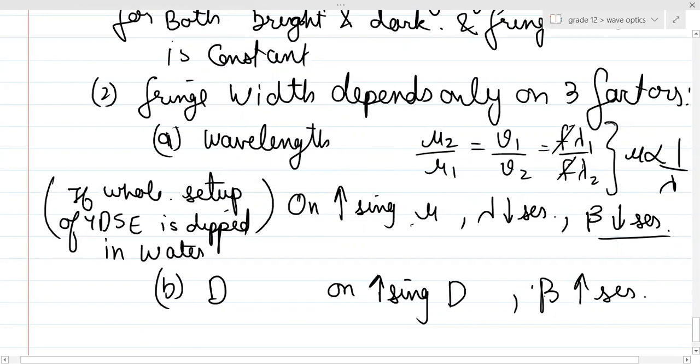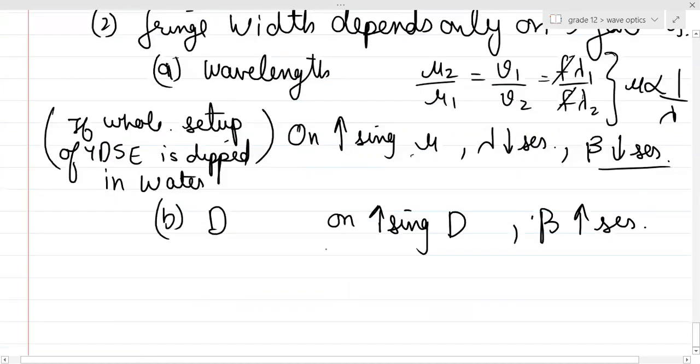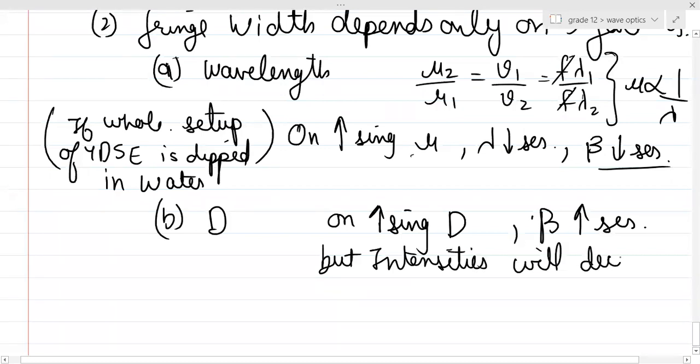Is this clear, guys? We know the fringe width will increase, but the intensity of the fringes will decrease, because intensities depend upon the distance, right? So if the distance increases, then the intensity of the fringes formed will decrease.